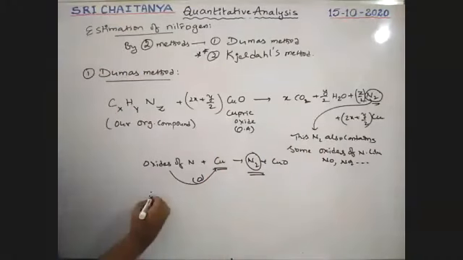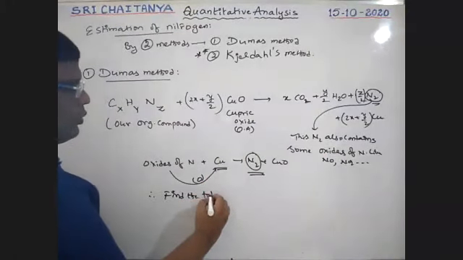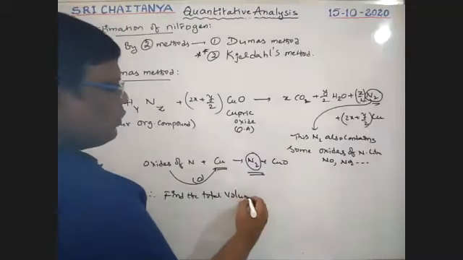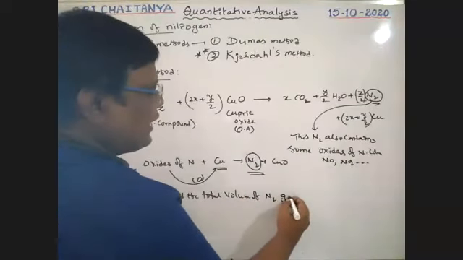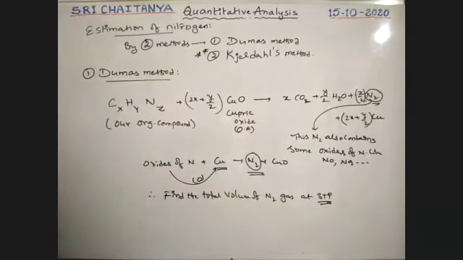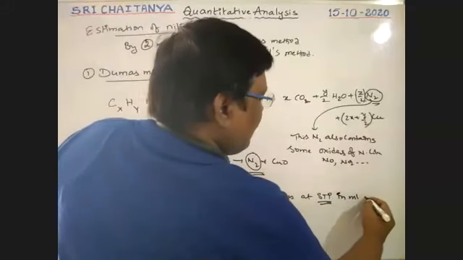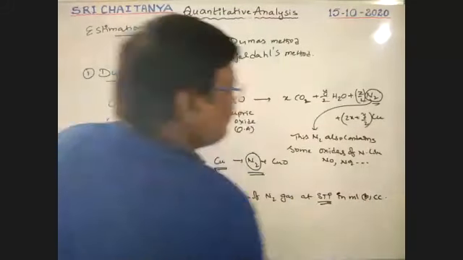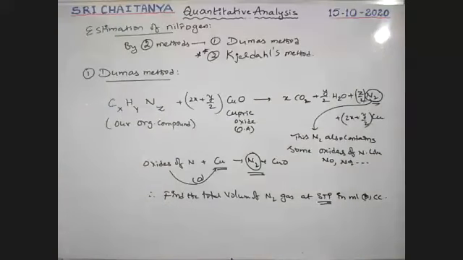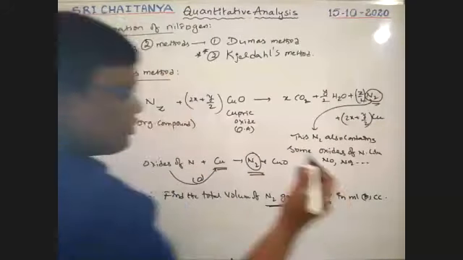Therefore, find the total volume of N2 gas at STP. It is important. Find the total volume of nitrogen gas at STP in ml, which is also called cc, cubic centimeters. Okay, this nitrogen volume is used in our formula.